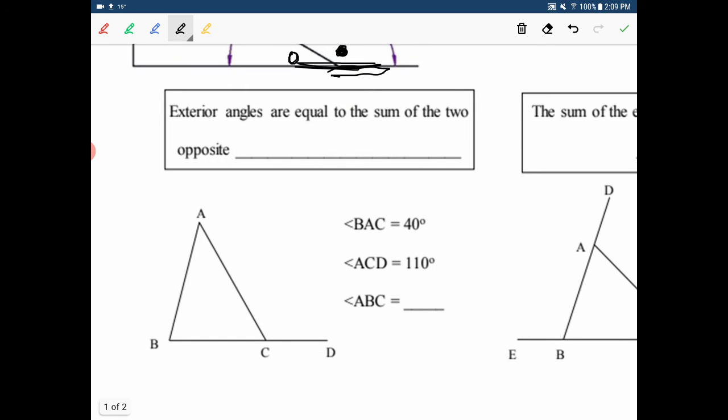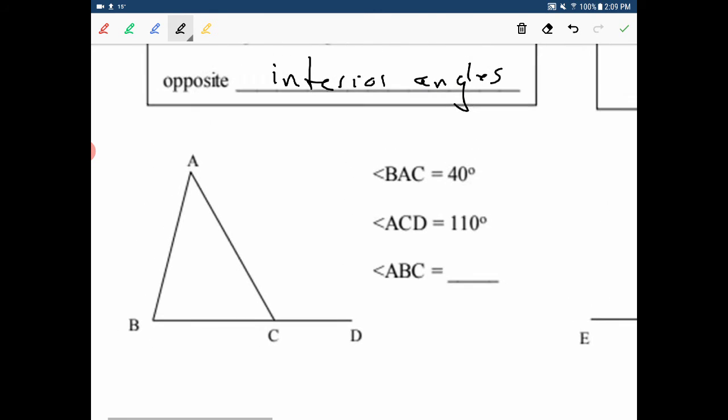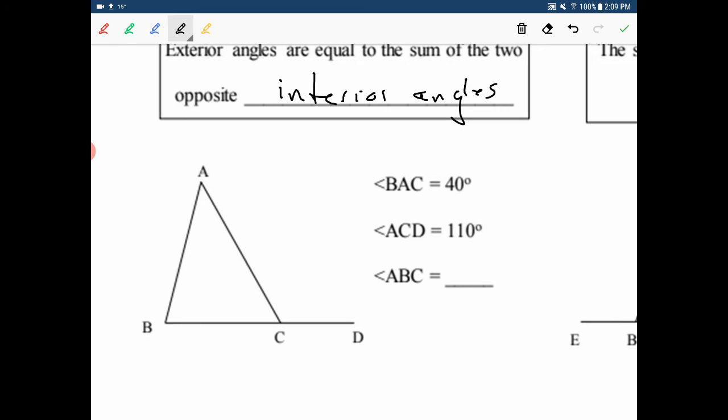Exterior angles are equal to the sum of the two opposite interior angles. What I mean by that is, this triangle tells us that angle BAC, which is this angle here, is 40 degrees.